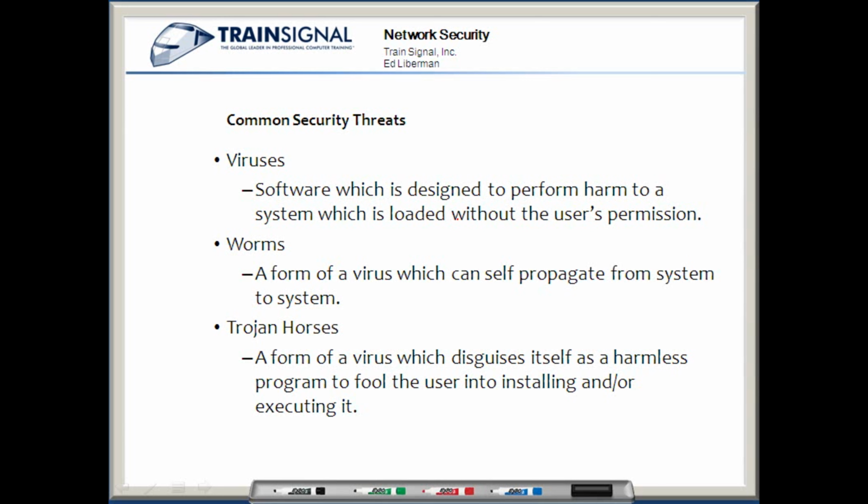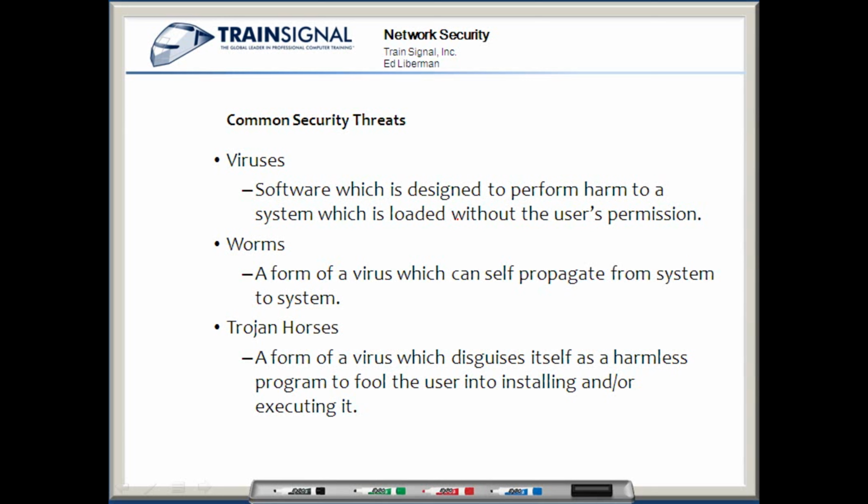It's self-contained and it knows how to go ahead and propagate from one system to another and can be some of the most dangerous viruses out there. I mean, some of the really big ones that you hear about are worms because they get released and then boom, they propagate everywhere.